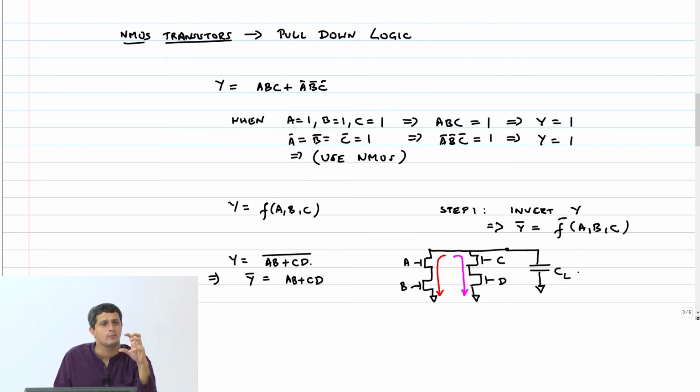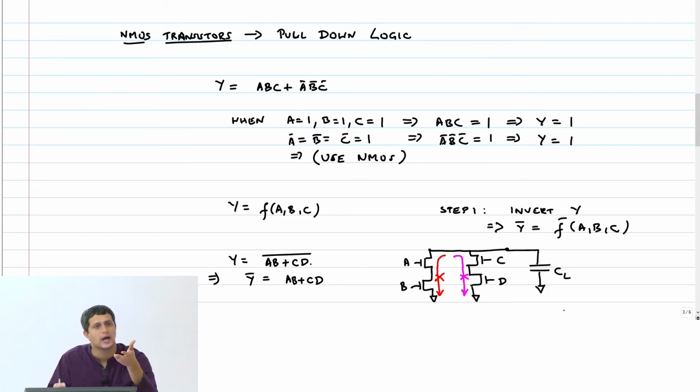Now suppose the inputs go into one of these other 13 conditions. That means there is no pull down path through any of these. Then the output on the capacitor is just held as it is. And this is known as a high impedance state.